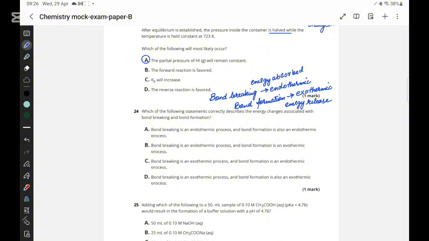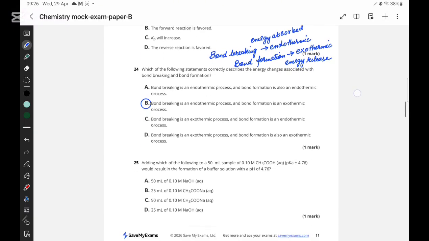So which option is going to be the right one? It is going to be B, which is bond breaking is an endothermic process and bond formation is an exothermic process.